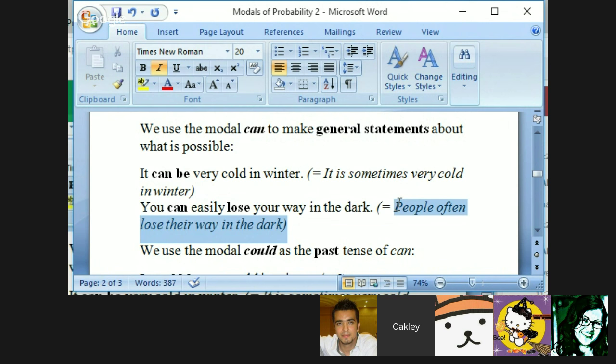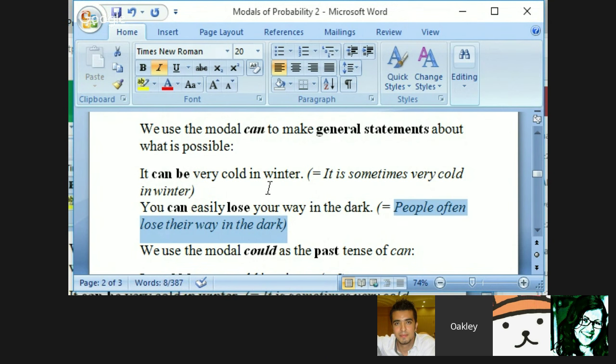It is a possibility. Again, much like could, really, we're thinking about this as one possibility, but as a strong possibility. If you think about this, obviously it can be very cold in the winter, and kind of obviously you can lose your way in the dark.